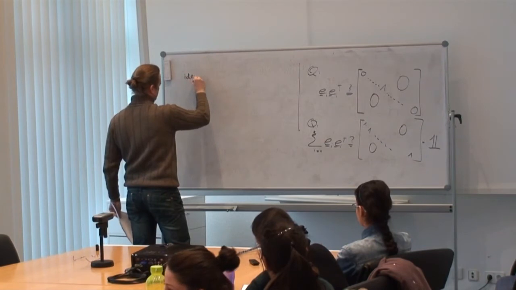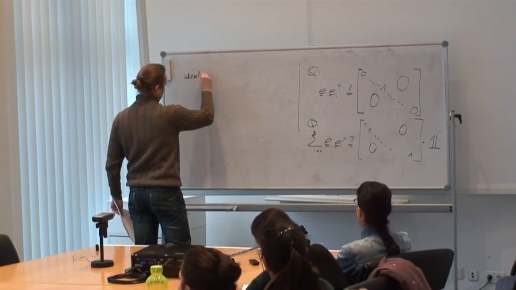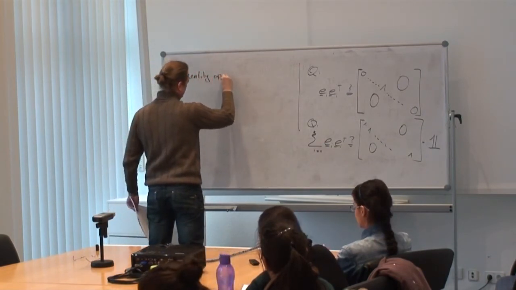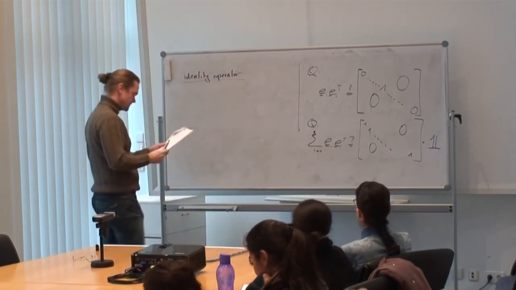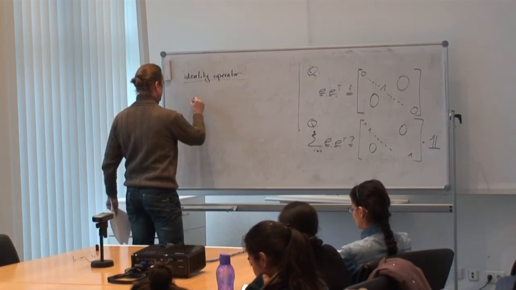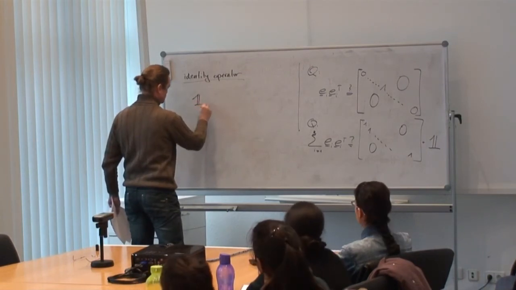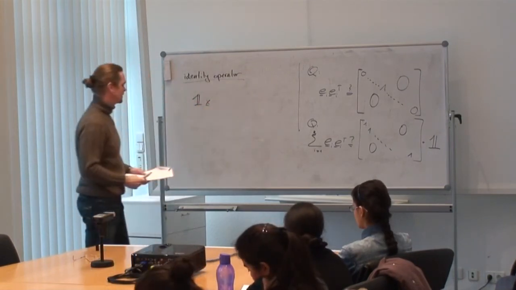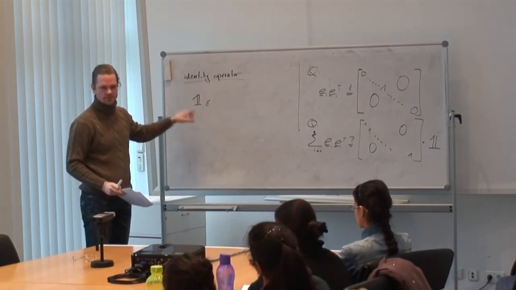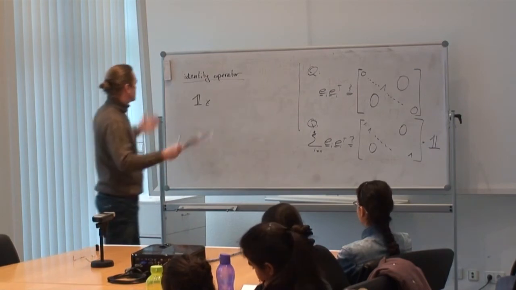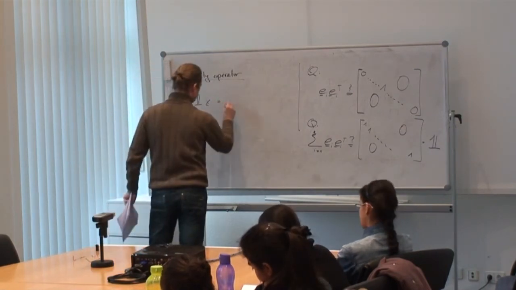We'll generalize all this. The identity operator has the following properties. If we multiply it to a vector x from the left, and I will always assume that they are of appropriate sizes, so these are n-dimensional vectors, this is an n by n matrix, nothing will happen. It will give us the vector.